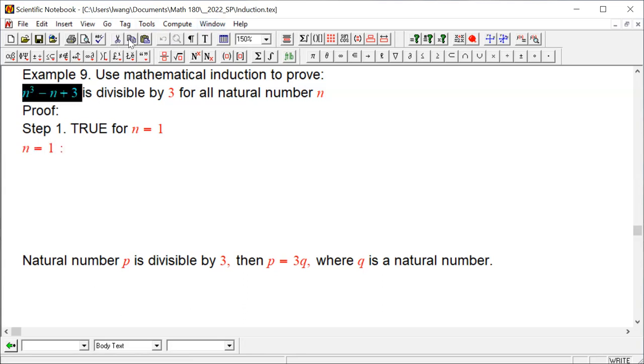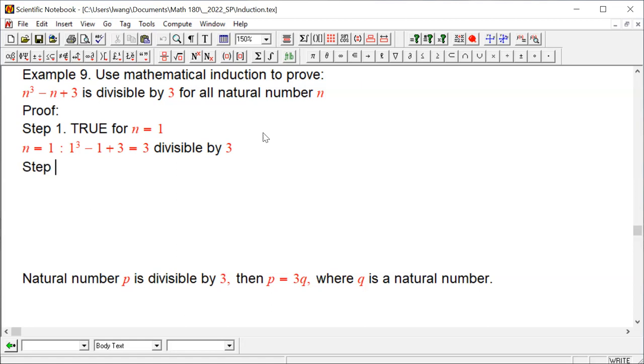We're going to replace n by 1 in this expression. 1 minus 1 plus 3 equals 3. And 3 certainly is divisible by 3, so it's true. Done. Step 2, assume.